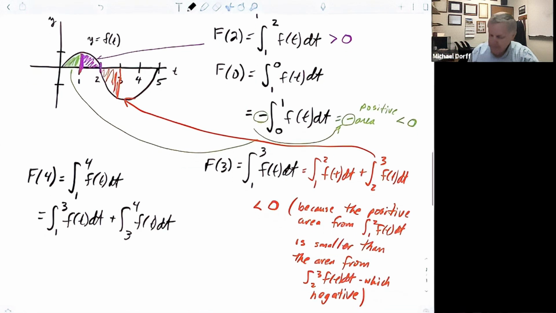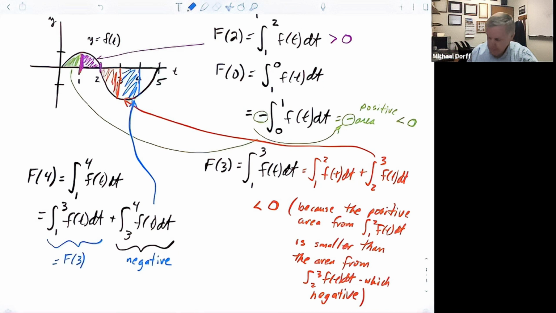Well, the integral from 3 to 4, which I'll do now in blue, that area there is negative because it's below the x-axis. And I already knew that this equals f of 3, which is less than 0. So I have something negative and I'm adding more negative to it. So this is definitely negative.